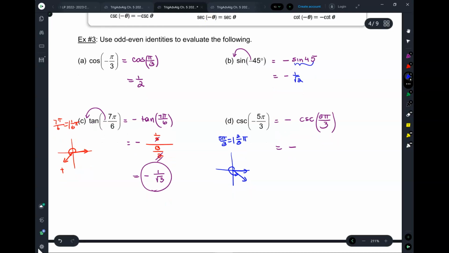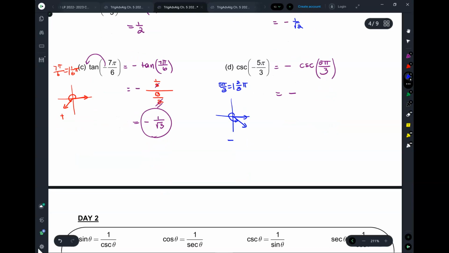I'm looking for cosecant, which is negative in that quadrant because it's like sine. Okay, this is a pi over 3 angle. I go to my pi over 3 triangle. Cosecant is the reciprocal of the sine. This was the sine, the vertical, root 3 over 2.